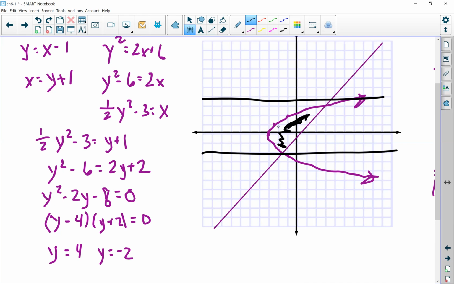Which one is to the right? Okay, let's plug in a value. What is a number between -2 and 4? 0 would be an easy one, right? So I plug 0 in for y, I get 1 and -3. Which value is larger? 1. Yeah. So our rightmost function is our linear y plus 1.